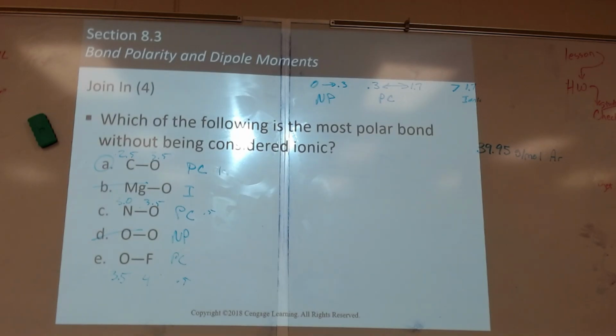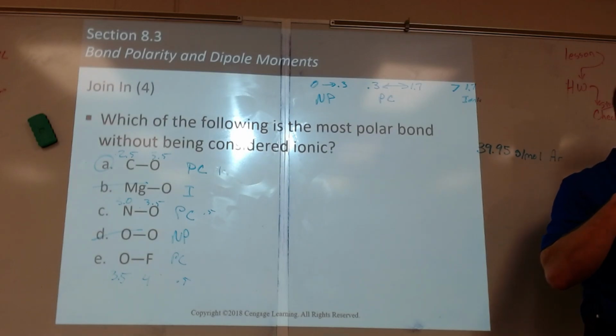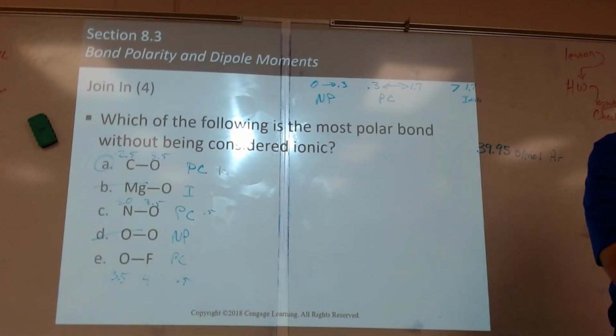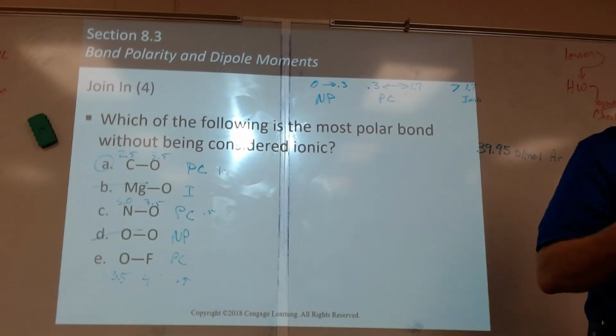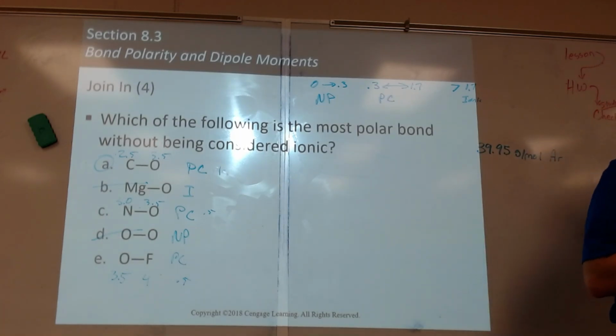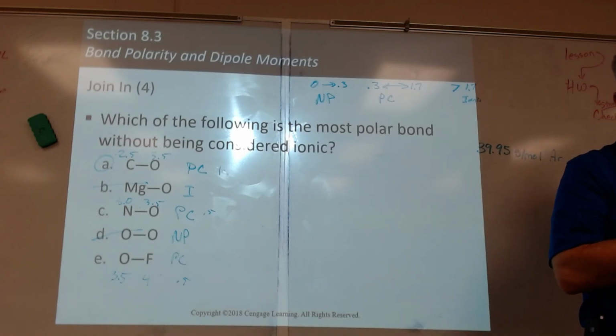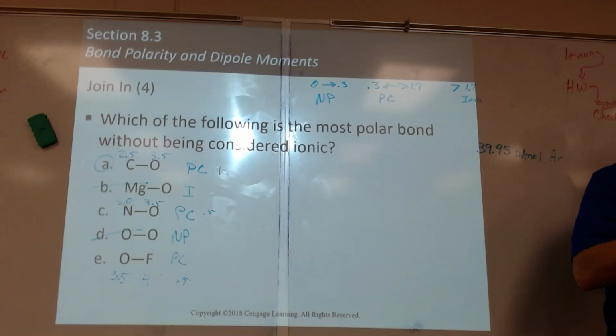Because otherwise, even between things like carbon and hydrogen, which are not very polar, they're still a little bit polar. So you start with these things that are purely nonpolar covalent, and we just call those covalent once you get into AP. We don't really talk about being nonpolar, but I'm using that term because I want you to put it together. The only pure covalent bonds where everybody's equally sharing, because remember, covalent is sharing.